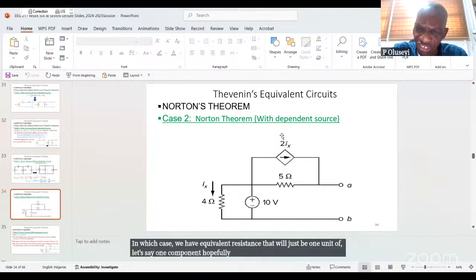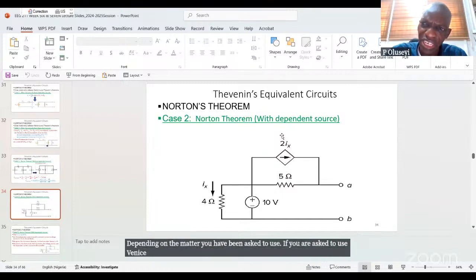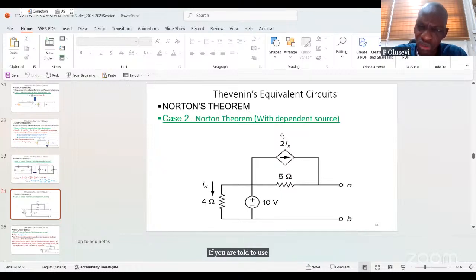All the resistances are brought together as one, and you will have one source, either voltage or current, depending on the method you have been asked to use. If you are asked to use Thevenin's, you will be talking about Thevenin's voltage. If you are told to use Norton, as in this case, you'll be talking of Norton's current.